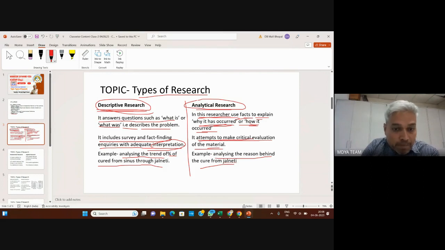So in descriptive research, we analyze the trend of percentage of cured persons from sinus through jalneti. And here in analytical research, we analyze the reason, right? We analyze the reason. And in descriptive research, what we see is what is, what was, right?